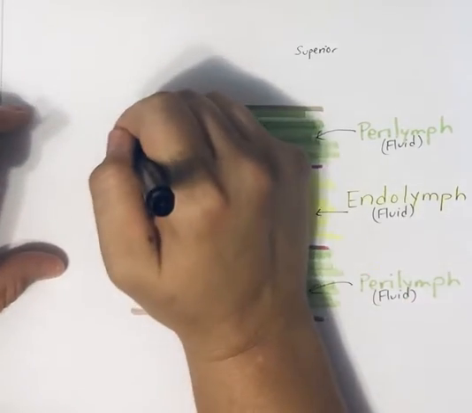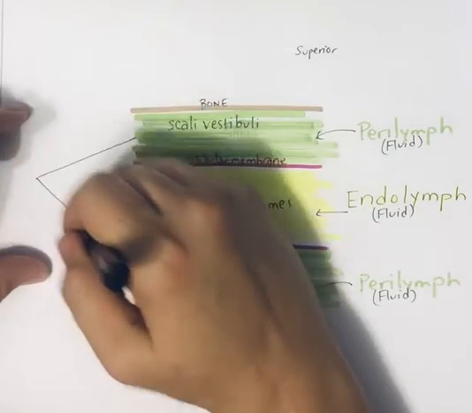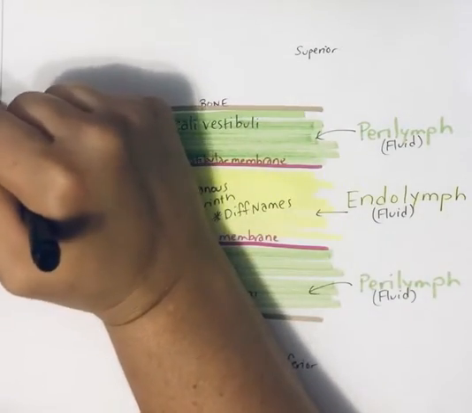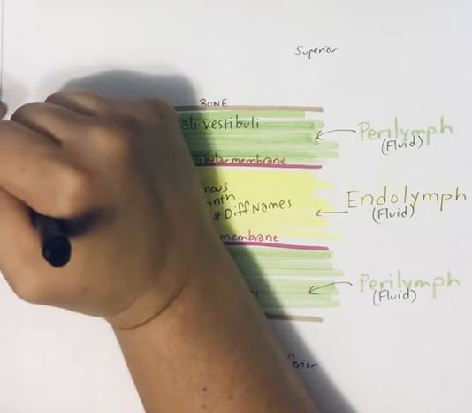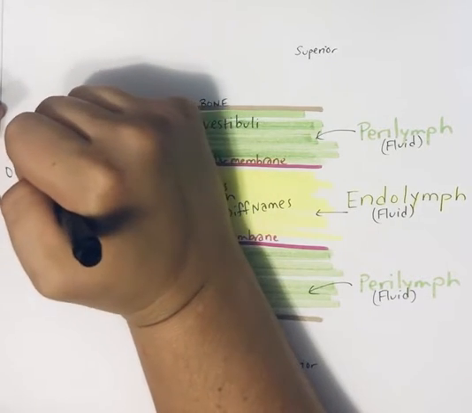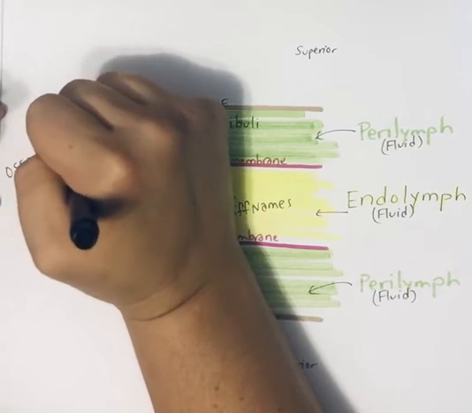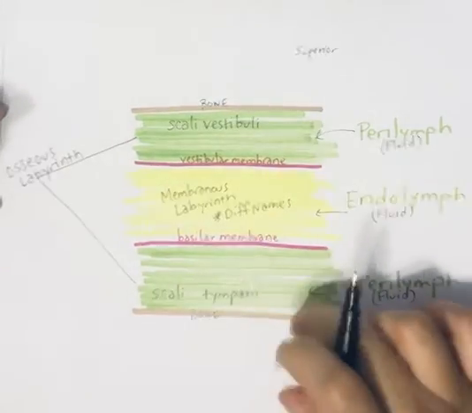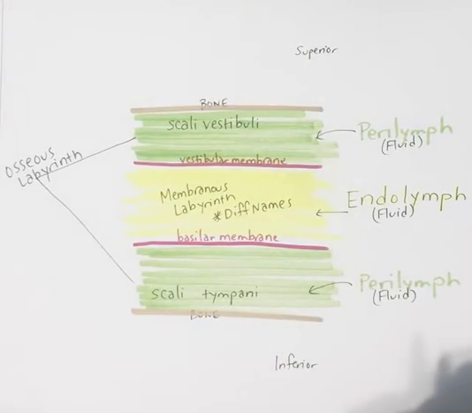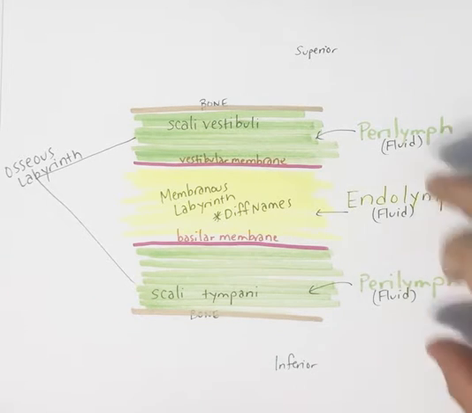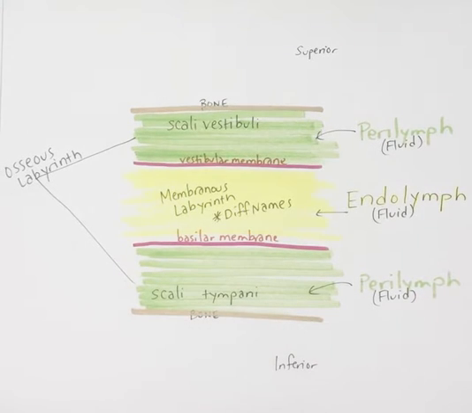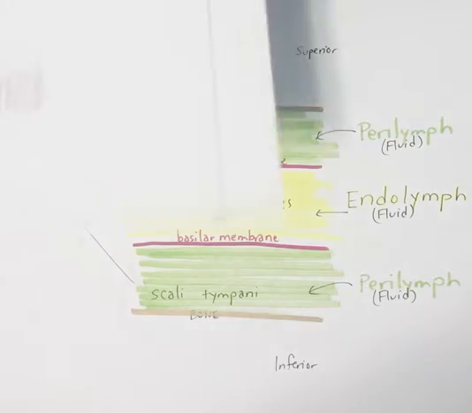Both the scala vestibuli and the scala tympani are known as the osseous labyrinth, but they have their own names for the superior chamber and the inferior chamber. We're going to go through each of the areas, but you need to understand this to understand how the inner ear is going to do its job.